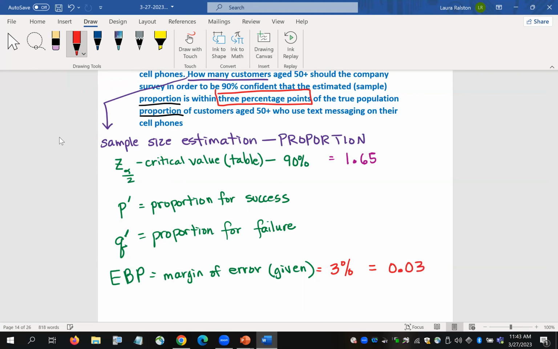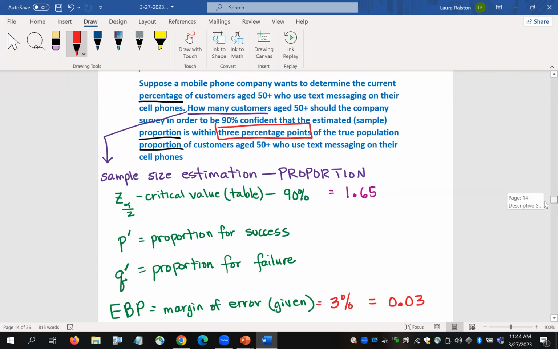Okay, be careful. 3 percentage points. Now, you may be a little confused because it doesn't talk about in the problem how many we sampled. It doesn't talk about your proportion of people who are age 50 or older that use text messaging. It doesn't give us that information in the problem.